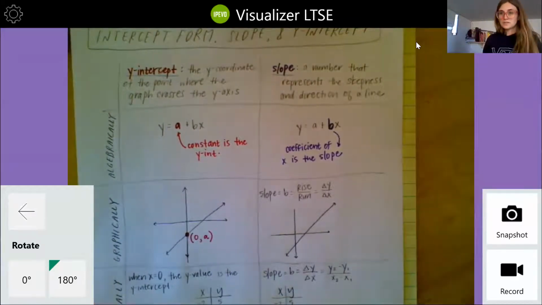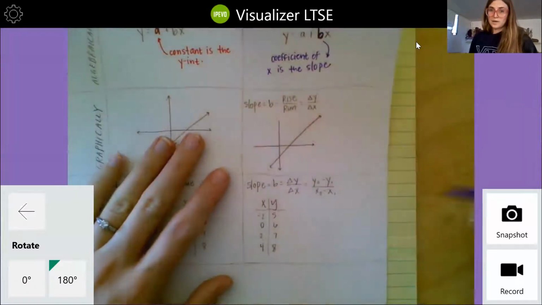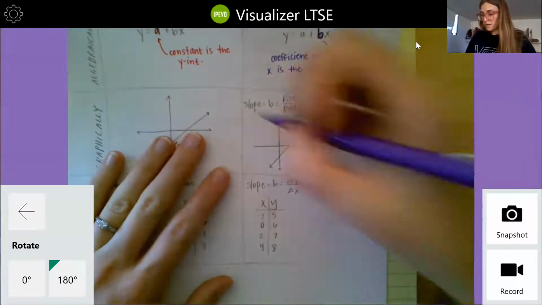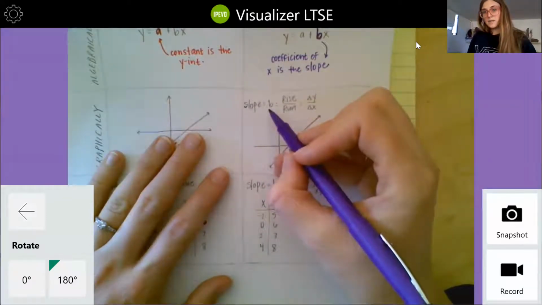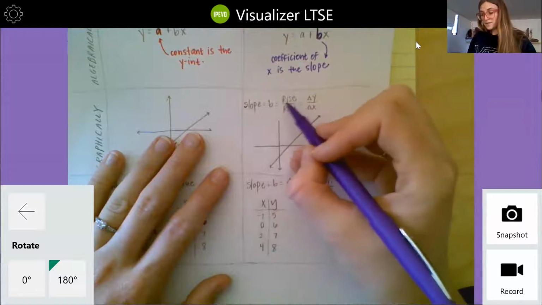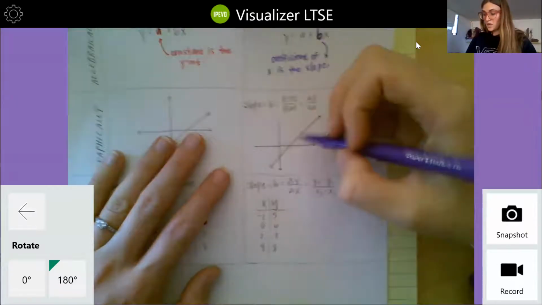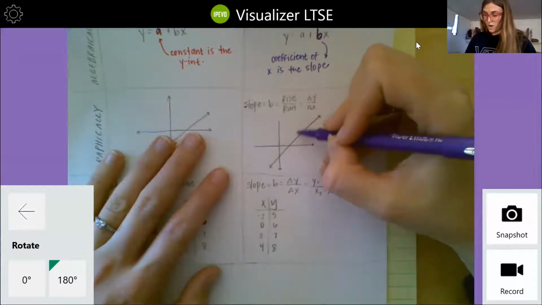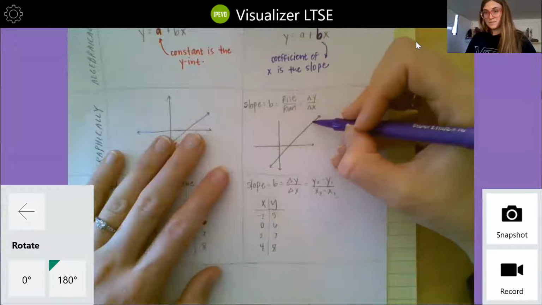Now, let's look at a graph and see how the slope shows up there. I wrote up this formula for slope: slope equals b, which equals rise over run. Another way to think about it is it's the change in y divided by the change in x.